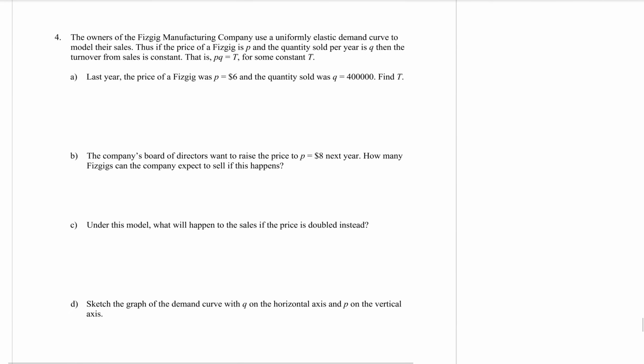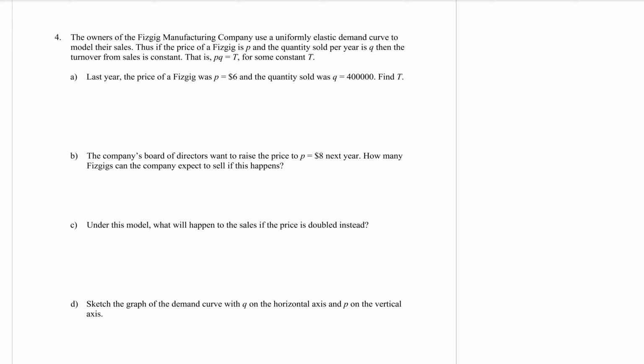The owner of the FizzGig manufacturing company uses a uniformly elastic demand curve to model their sales. Thus, if the price of a FizzGig is P and the quantity sold per year is Q, then the turnover from sales is constant.